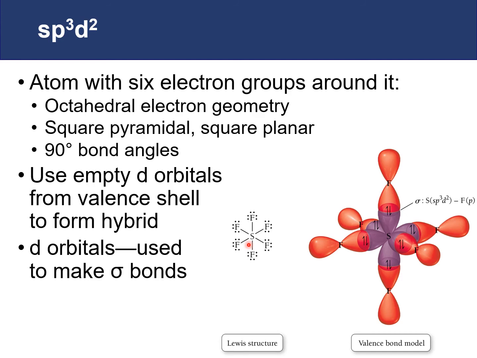But it can use those d orbitals, 2 of them, to hybridize with its s orbital and 3 p orbitals to make a total of 6 hybridized orbitals, allowing it to bond to 6 fluorine atoms. When doing so, it will make sigma bonds with the fluorine, giving you this arrangement here with the sp3d2 hybridized orbitals on the sulfur in the center.